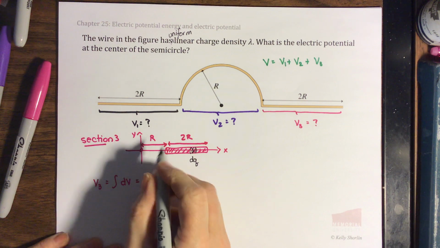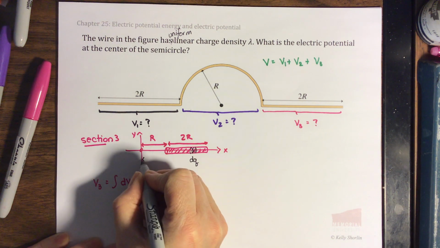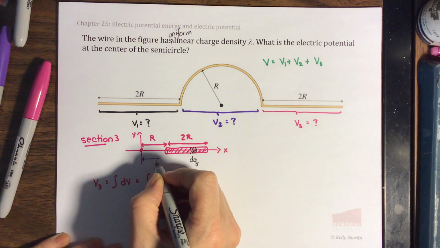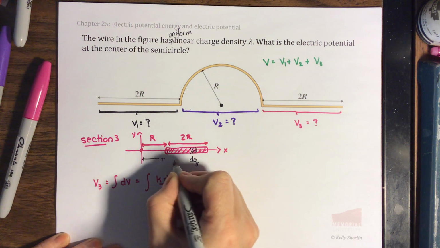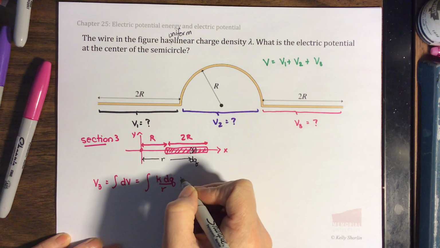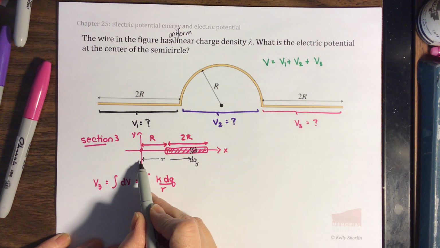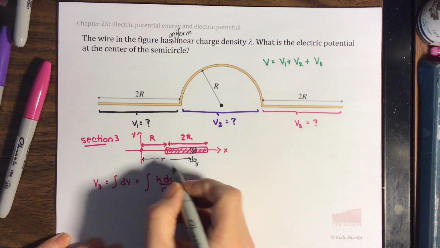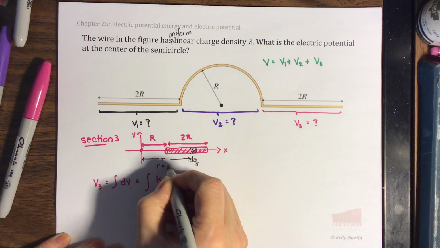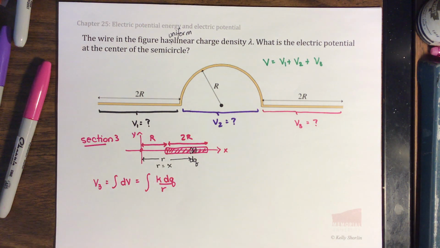R is my distance between the point where I'm finding the potential and my little bit of charge. So this is my R value. You might notice here that R is measured from the origin to a position on the x-axis. So R is the same thing as x.